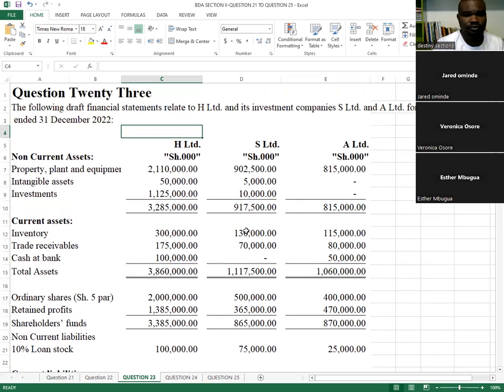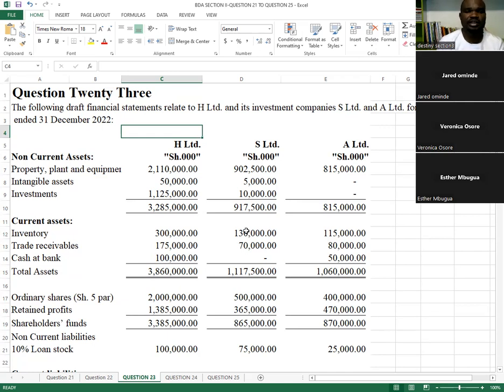So it says, the following draft financial statement relates to H Limited and its investment companies, S Limited and A Limited, for the year ended 31st December 2022. So H is the parent company. I don't know what kind of an investee S or A is until I see the percentages.